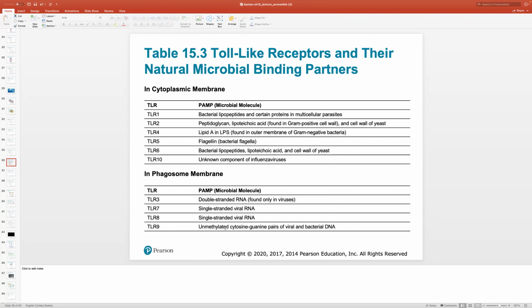And then unmethylated cytosine guanine pairs of viral and bacterial DNA. So these have targets. If it's in the phagosome membrane, the target is going to be genetic material. If it is on the cytoplasmic membrane, it's going to be membrane or cell wall materials.